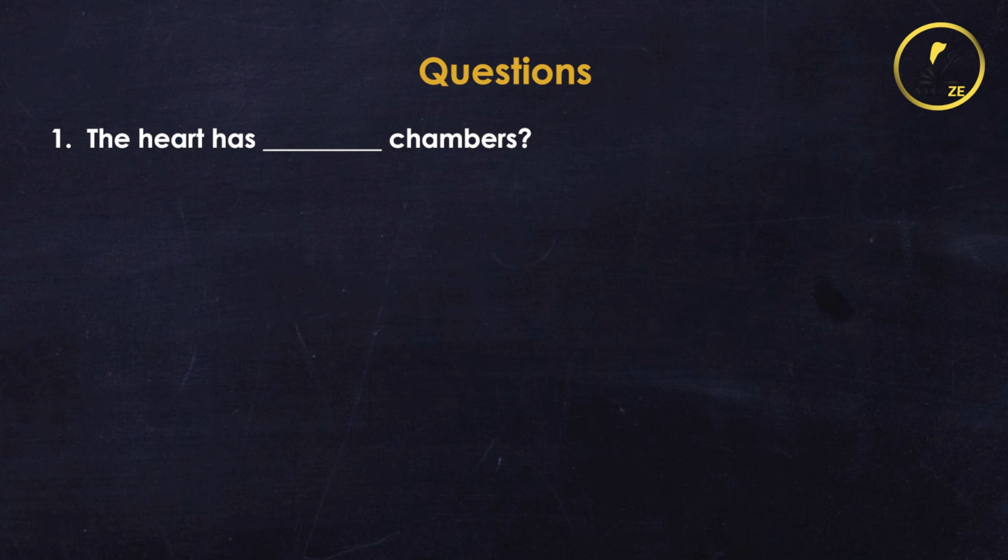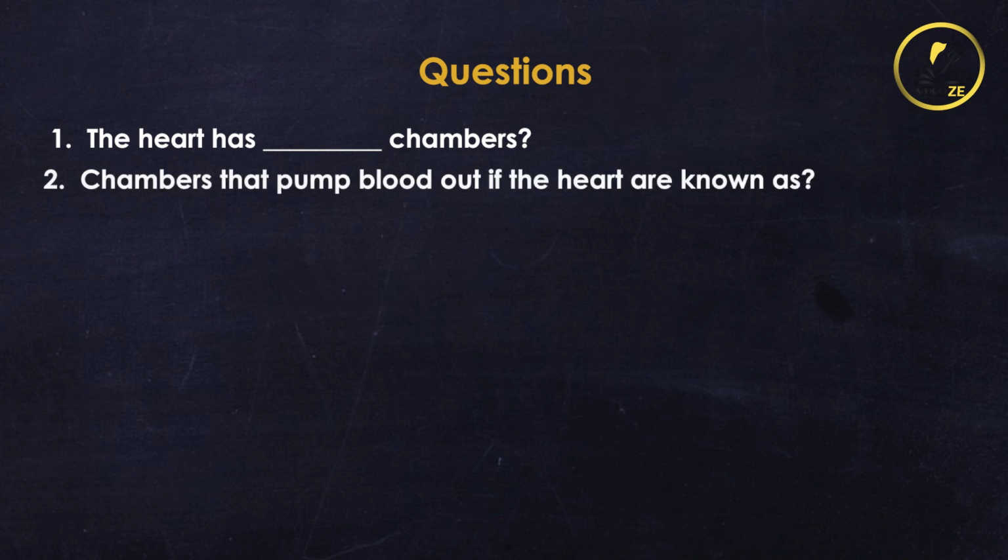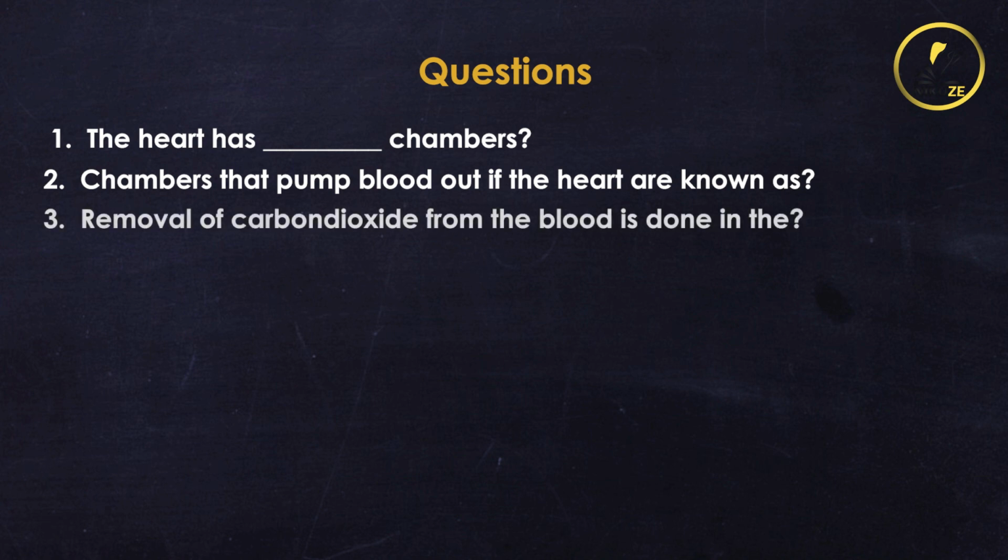Question number two: chambers that pump blood out of the heart are known as dash. Question number three: removal of carbon dioxide from the blood is done in the dash.